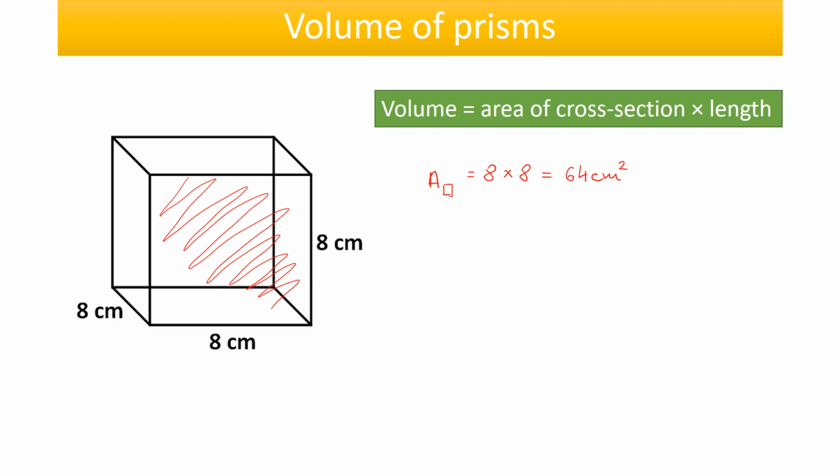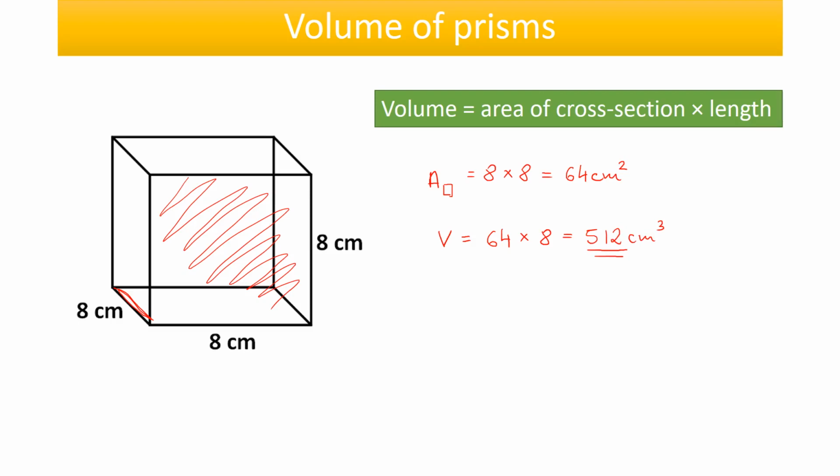Because it's the area, we use squared units. So this is the area of the cross-section. Now to find the volume, I need to multiply the area of the cross-section by the length of the shape, and the length of the shape is here, it's also 8. And the answer is 512 centimeters cubed, and that is the answer.